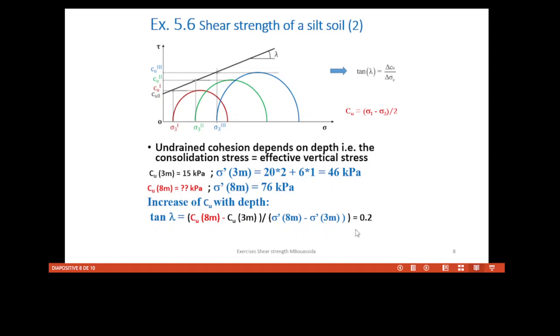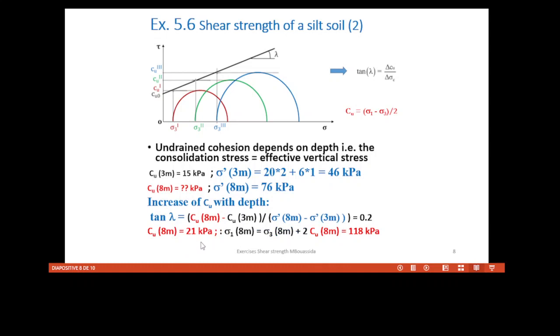And this is 0.2 because it is given data. So the unknown is here, and from this equation we can calculate the Cu at 8 meter. So Cu at 8 meter is equal to 21 kilopascals.